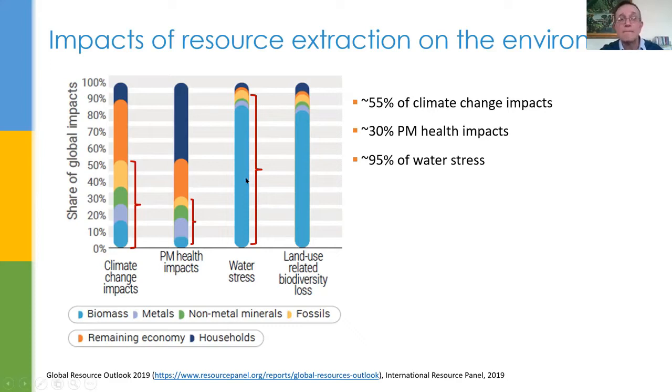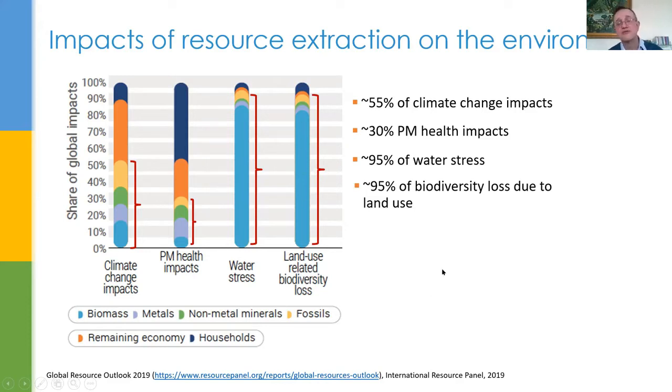In this case, much of it from biomass extraction, farming for the most part, agriculture. And 95% of biodiversity loss due to land use is also there. And again, much of that is from our extraction of biomass.